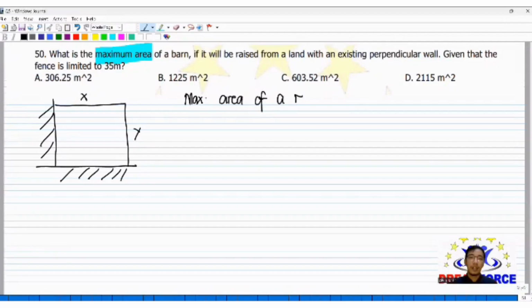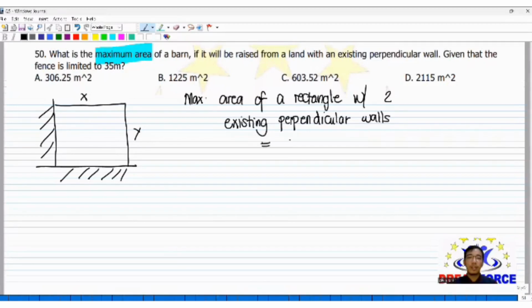Okay, for maximum area of a rectangle with two existing perpendicular walls, the area is square. So area po yan ng square. Okay, so since given ito yung fence na limited to 35 meters, thus yung sum ng x plus y is equal to 35.